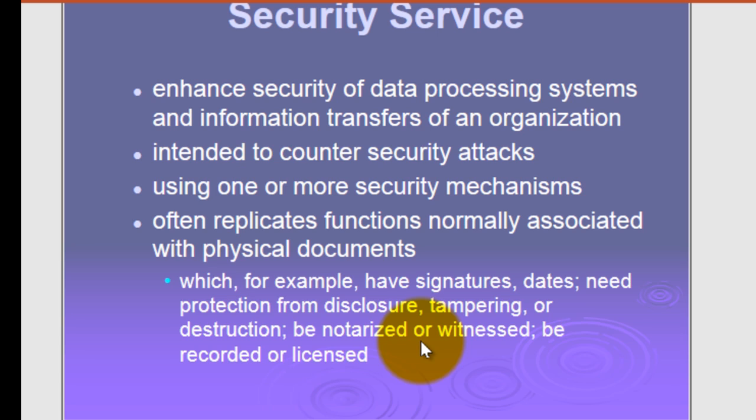In the same way, in network security and computer security, you will notarize your documents or your authorization with some trusted third parties. That's why computer security replicates the normal functions which you do in day-to-day life.